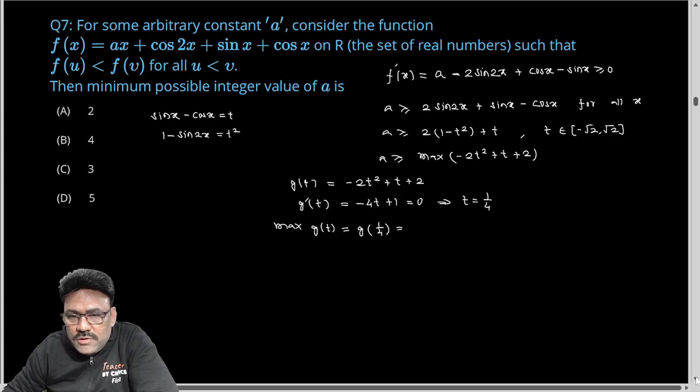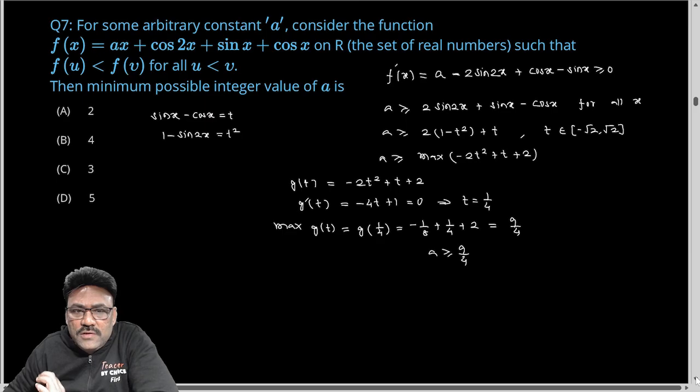g(1 by 4) is what? Minus 2 into 1 by 16, that is minus 1 by 8, plus 1 by 4 plus 2. So it is 9 by 4. So hence a must be greater than or equal to 9 by 4. But they are saying that you have to find the minimum possible integral value of a.